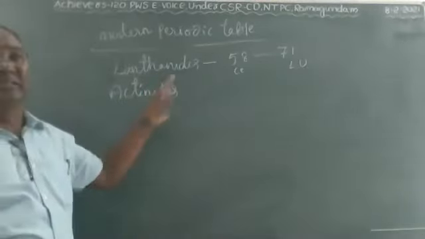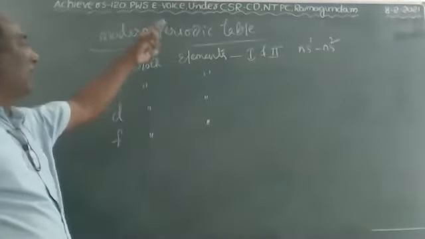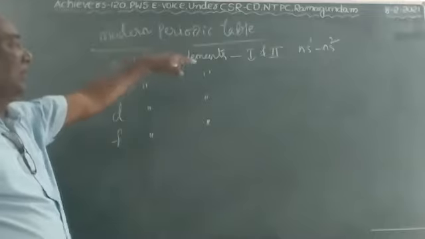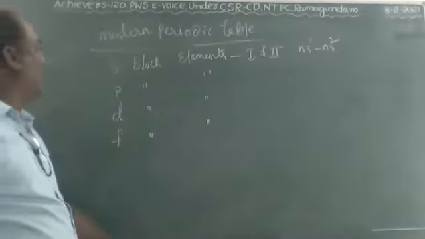S block elements are the first and second group elements. Their electron configuration is ns1 to ns2.